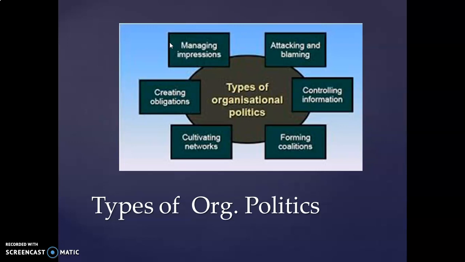Then forming coalitions: people form groups and start planning and plotting some destructive things. And cultivating networks: people are into cultivating more and more networks to do something political, something which is not fair. So these are the types of organizational politics.